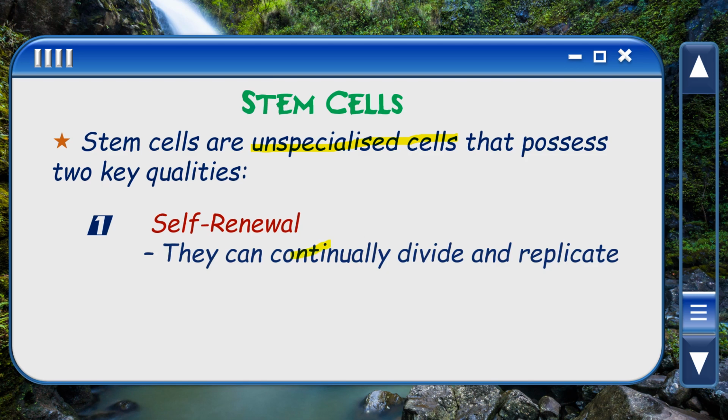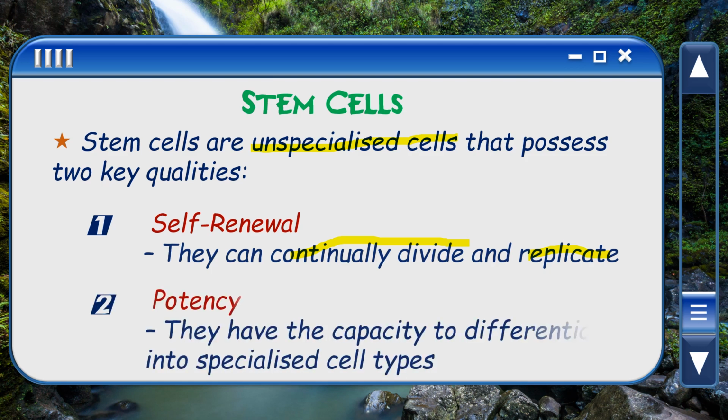They can continually divide and replicate. Secondly, they have potency. That is, they have the capacity to differentiate into specialized cells.